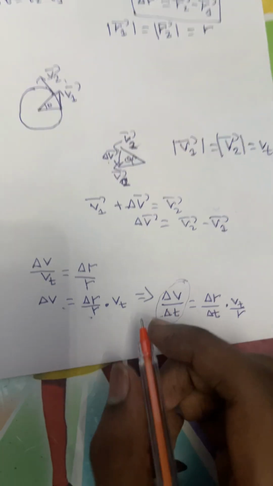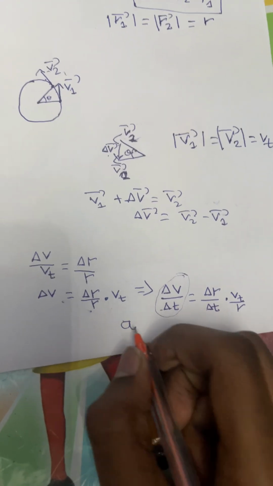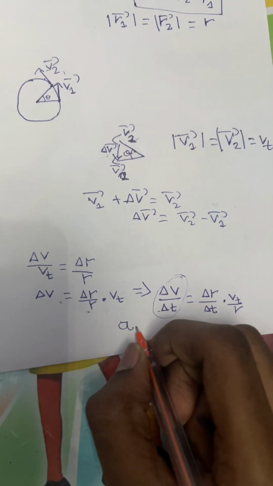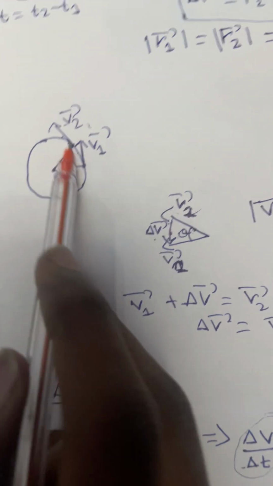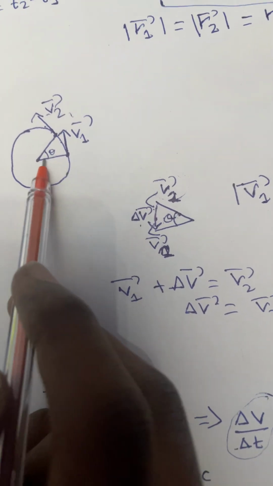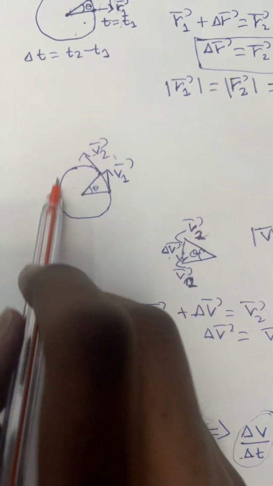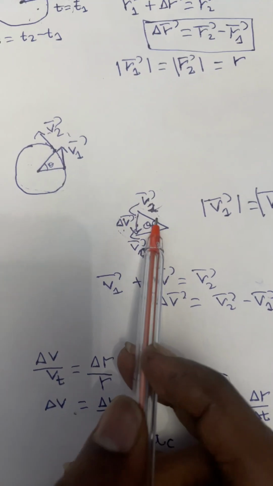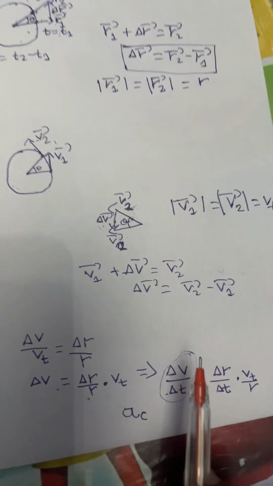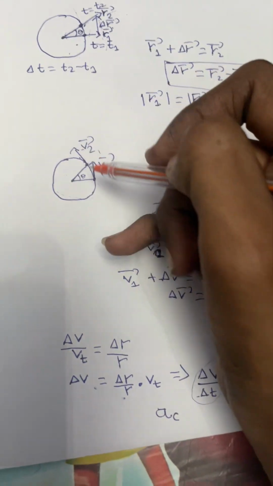Here it is centripetal acceleration, right? And as this was in this direction, right? Here the drawing wasn't proper, so it was looking like that, but in reality it looks like this. So it points towards the center.